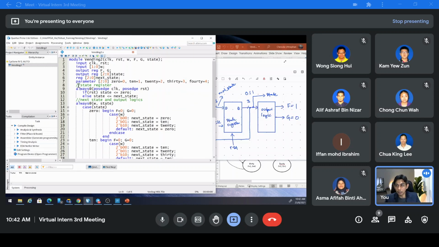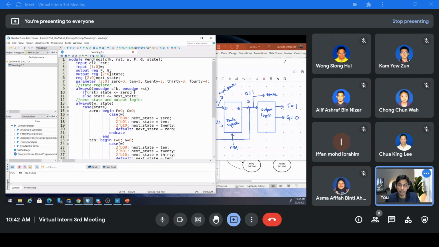So this is the code to represent this, where we have the always block, posedge clock, means that this register is positive triggered flip-flops, and posedge reset means that the reset is active high, and when we write like this it means that this reset is asynchronous. What is asynchronous?